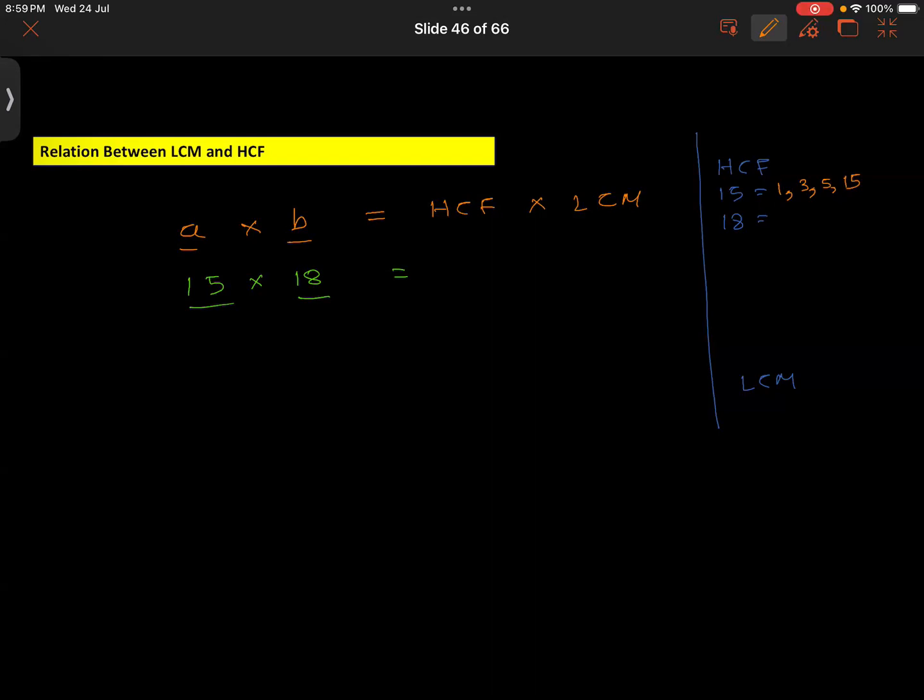For 18: 1, 2, 3, 6, 9, and the number itself, 18. So which is the highest common factor? Is it 3? Is it any other number? Is it 5, 3, 6? It's of course 3. So just simply write down the HCF that we have found out to be 3.